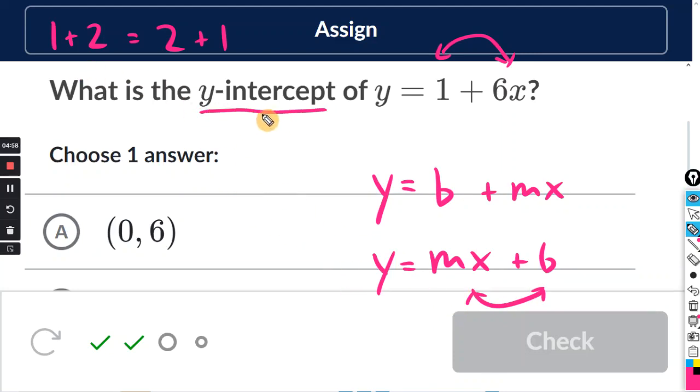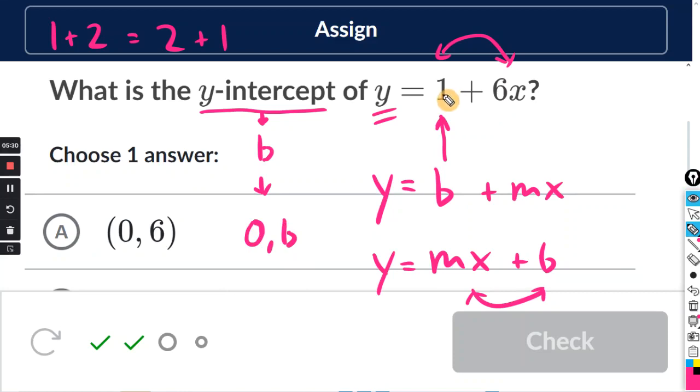Now we said the y-intercept is represented by the letter b. So which one in this equation is b? We can clearly see that it is the number 1. It's the constant term with no variable, as long as it's in y equals form. Now remember, for the y-intercept, the x-coordinate is going to be 0, and the y-coordinate is going to be b.